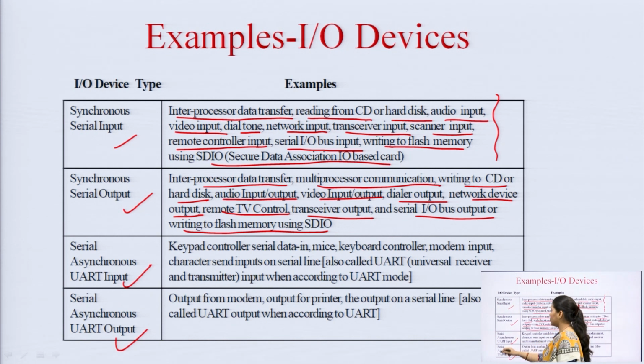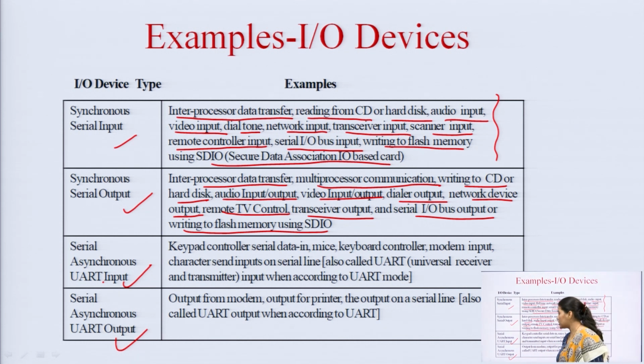Now, when we talk about the serial asynchronous input, that means there is no clock present and the synchronization of the data bytes is done using start and stop bits. There is no presence of a clock.